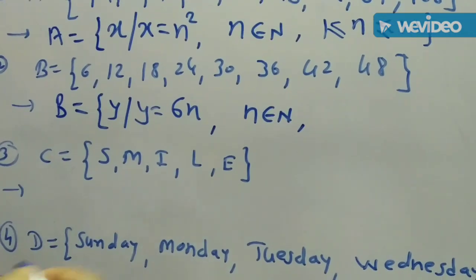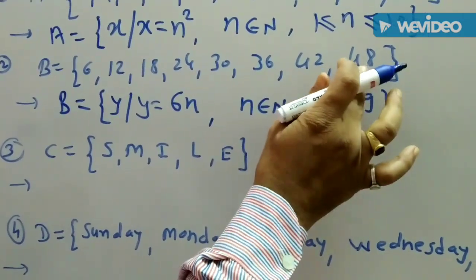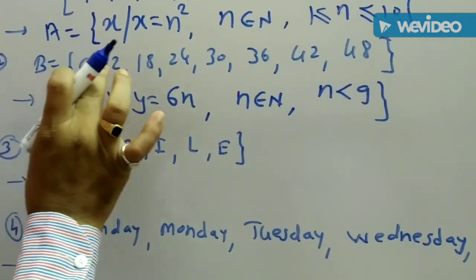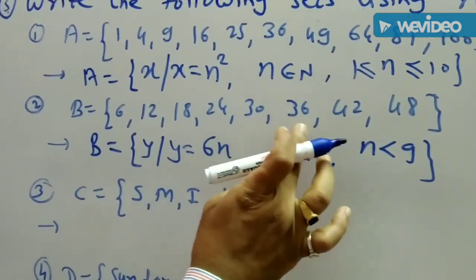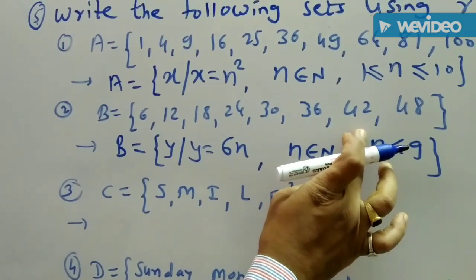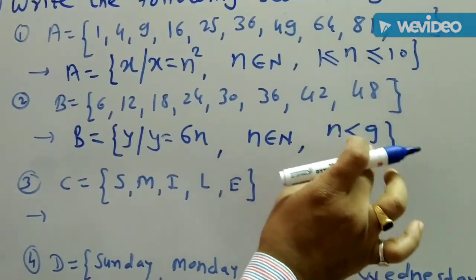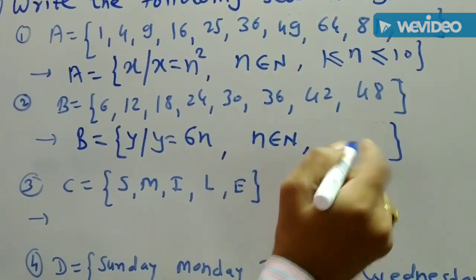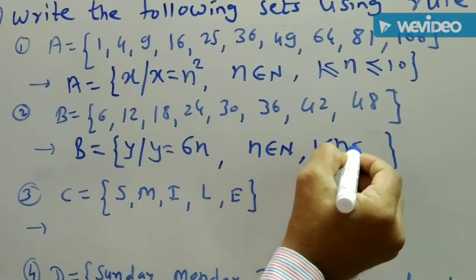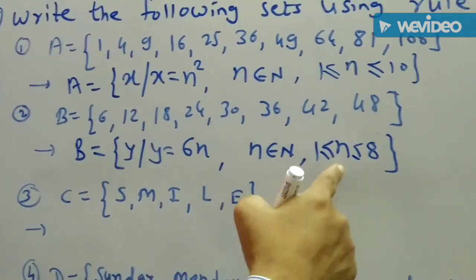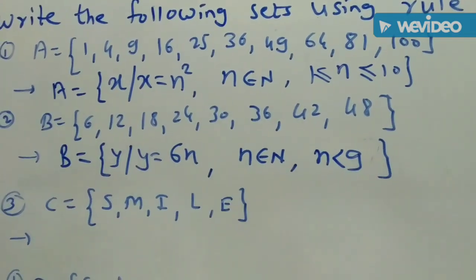And what is the value of n? n is less than 9 because the numbers are given up to the 8th. 6 2s are 12, 6 3s are 18, 6 4s are 24, 6 5s are 30, 6 6s are 36, 6 7s are 42, 6 8s are 48, and therefore here we write n less than 9, or you can write it like this: n is greater or equal to 1 and less or equal to 8. It is also a perfect answer, or you can write n is less than 9.